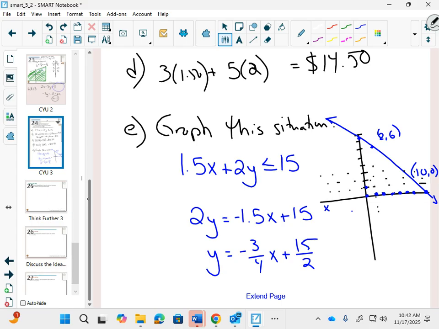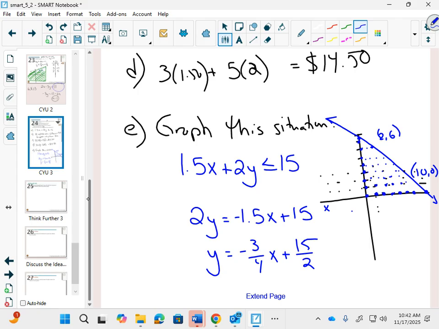Your solution is just the dots on the grid lines. And so on a test, I would give you it with the grid lines and you would just fill in the dots. And of course, all of these ones would exist, right? Because you could buy, right?